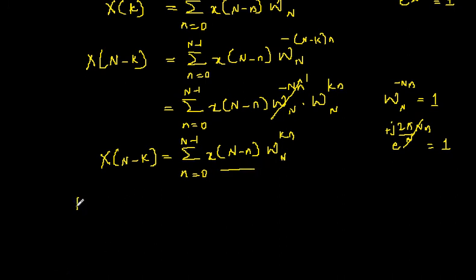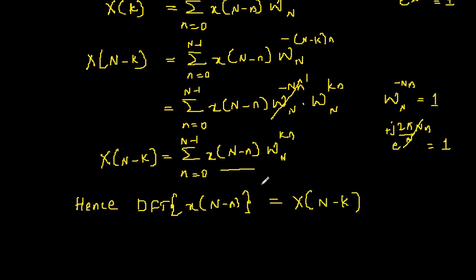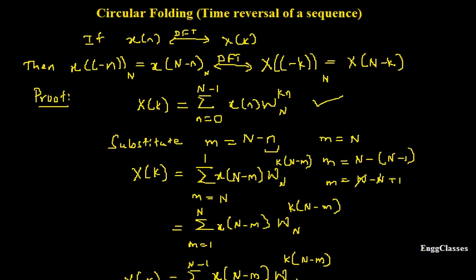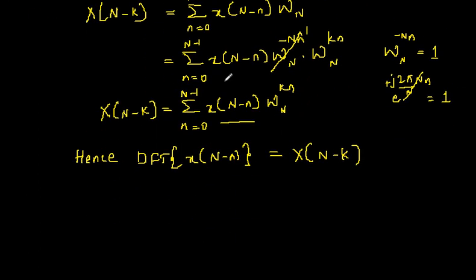It says that hence DFT of x of n minus n is nothing but x of n minus k. Is that okay? So this is what I wanted to prove towards the end. If I go up and check, x of n minus n, DFT of this is equal to x of n minus k. Is that okay? So this is what I have proved now.